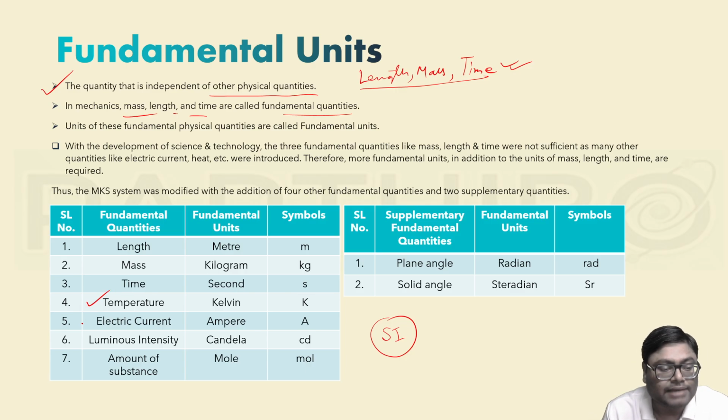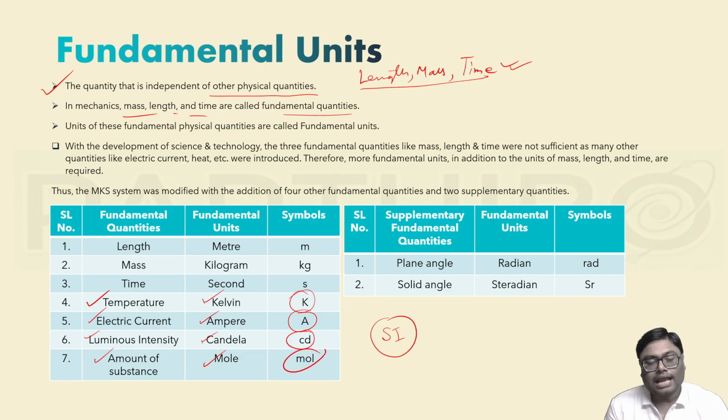First is temperature, which we have added as a fundamental quantity in the SI system, then electric current, luminous intensity, and amount of substance. The unit of temperature is Kelvin, electric current is ampere, luminous intensity is candela, and amount of substance is mole. Their symbols are K, A for ampere, cd for candela, and mol for mole.